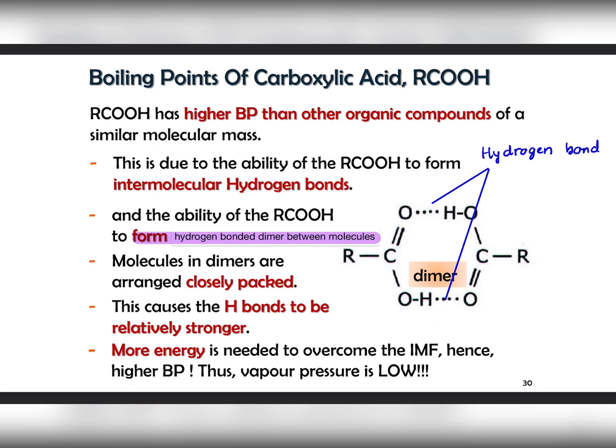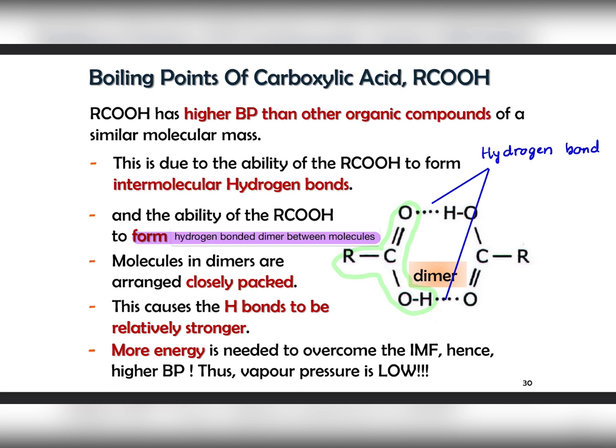Okay, so kalau kita compare carboxylic acid dengan alcohol pula. Okay, so how? Both boleh buat hydrogen bonding. But untuk carboxylic acid, you can form hydrogen bonded dimer between molecules. So maksudnya, this is one molecule of carboxylic acid.